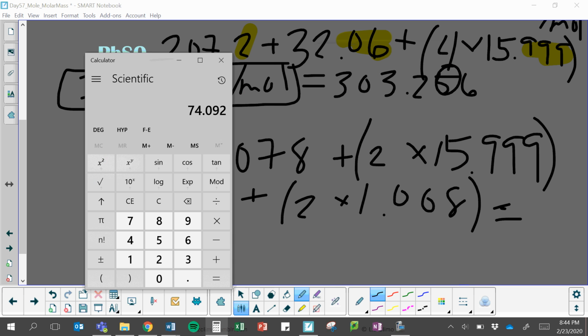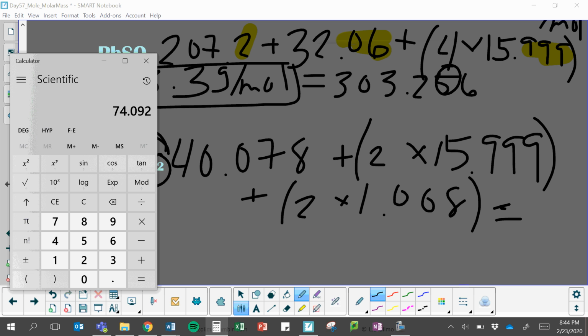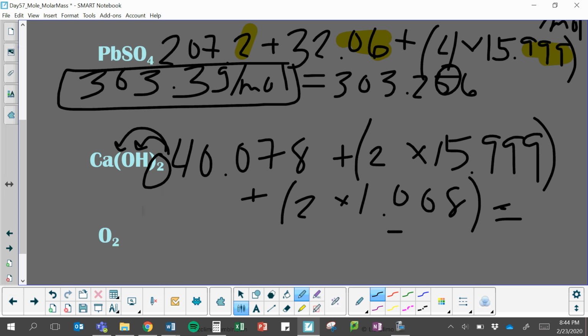Okay, so we have 74.092, and everything has 3 places after the decimal, so we're good. Grams per mole.